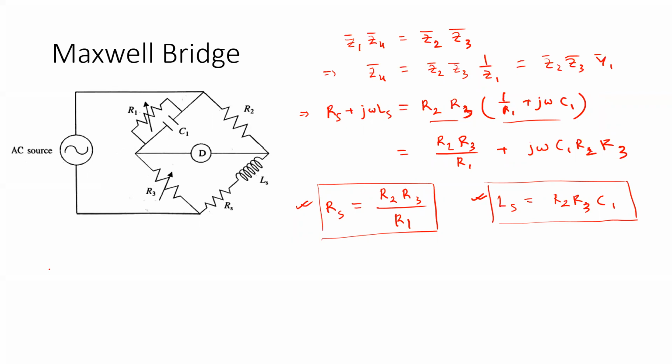Sir, is there any physical significance of this particular bridge? The physical significance, I mean, how the scientists came up with this particular combination, that I don't know. But maybe he had done it through a different experimental trial and error method.